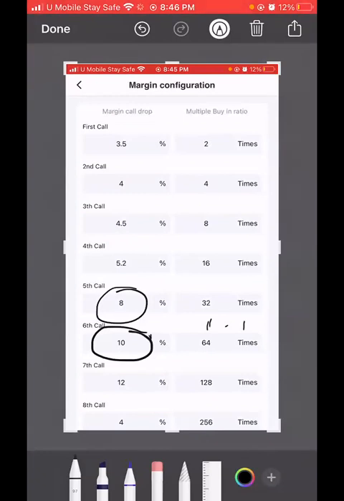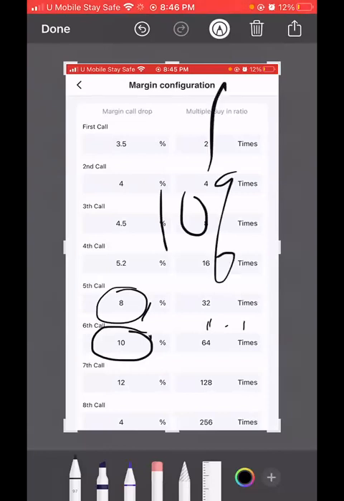From the 6th call to the 5th call, it will take this market to move 10% upward in order to return to the 6th call. Then when it returns to the 6th call, it will be a 5th call. For it to return to the 4th call, it will need to take another 8% to return from the 5th call to the 4th call.